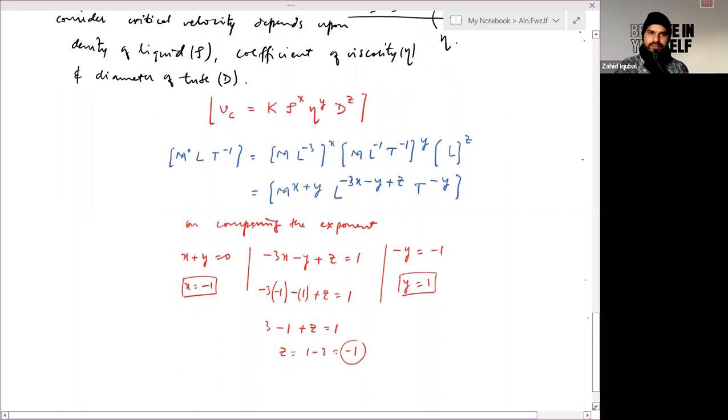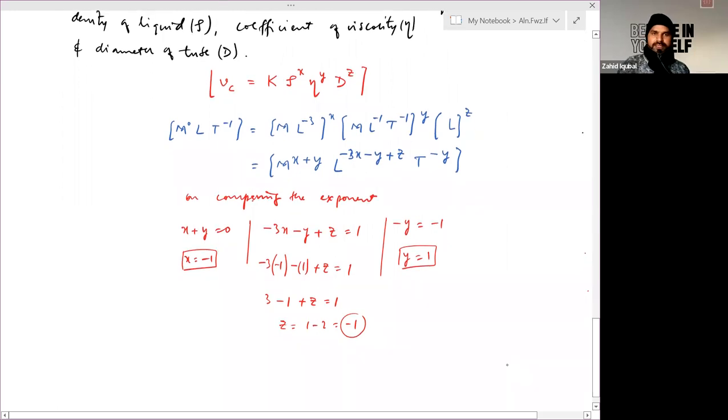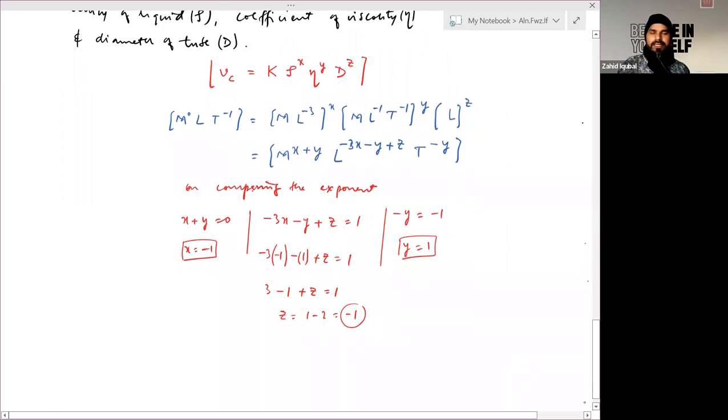Now put the values of x, y, z in the above expression and replace k by Re. So Vc equals Re times rho to the power minus 1, eta to the power plus 1, diameter to the power minus 1.